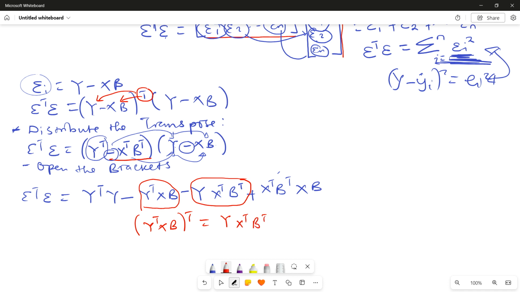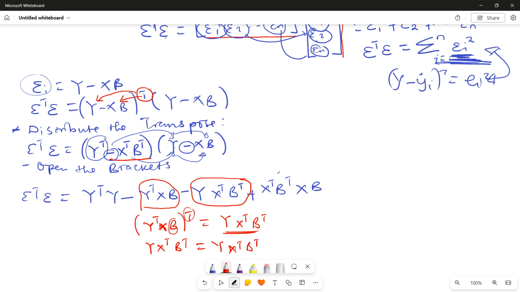How? Can we distribute the transpose on the left hand side? Yes, we can. So y transpose transposed is just y, the T's cancel. Then x becomes x transpose, and b becomes b transpose, which is equal to the term on the right, y x transpose b transpose.